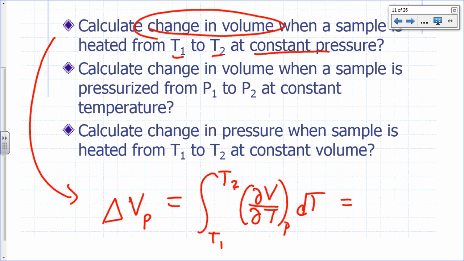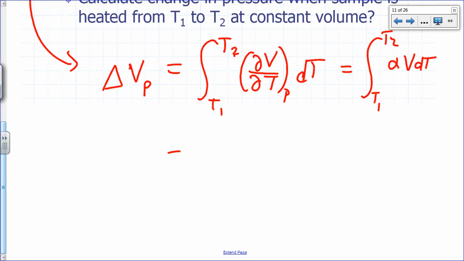What's the partial derivative of V with respect to T? That's alpha V, right? Integral from T1 to T2 of alpha V dT. Okay, what would that be for an ideal gas? Integral from T1 to T2 of, what's alpha for an ideal gas? 1 over T times V dT. Okay.